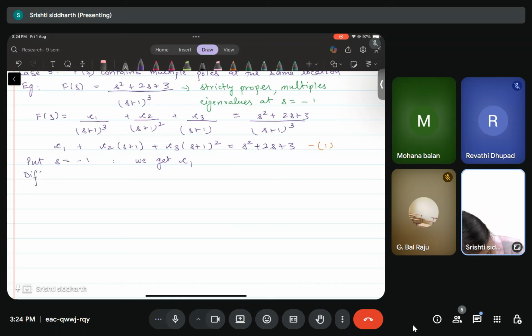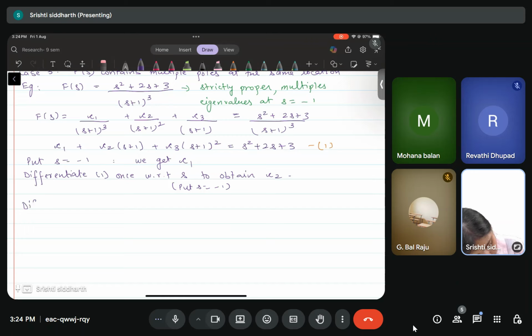So we differentiate 1 only once with respect to s to obtain c2, of course putting s equals minus 1 after differentiating.